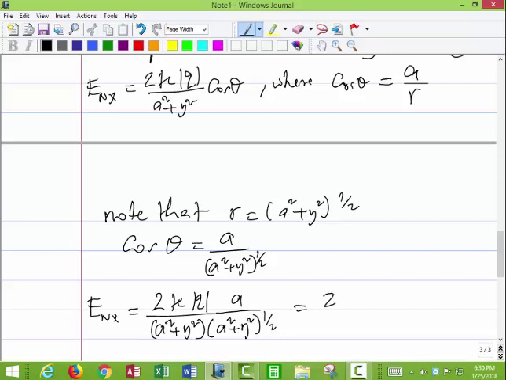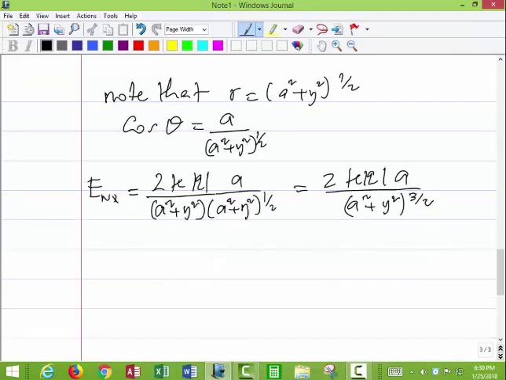So we shall have 2KQ, and that will be A divided by A squared plus Y squared raised to the power 3 over 2. Any questions at this point?